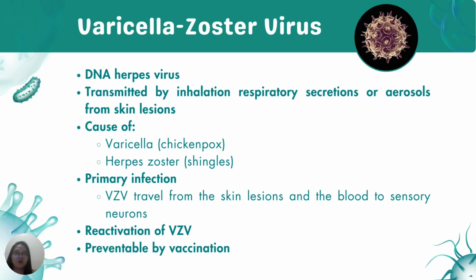So we cannot be sure that having had chickenpox already means it will not happen again, because there are cases of reactivation of VZV. But luckily, varicella zoster virus is preventable by vaccination.